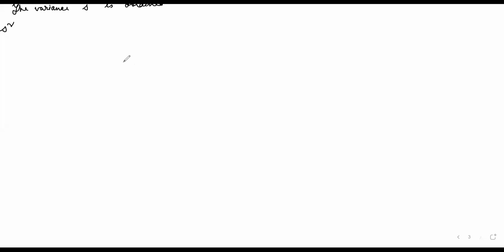The variance, let us call it S square, is obtained as follows. What is S square? Let me make it full screen first. So the variance S square.